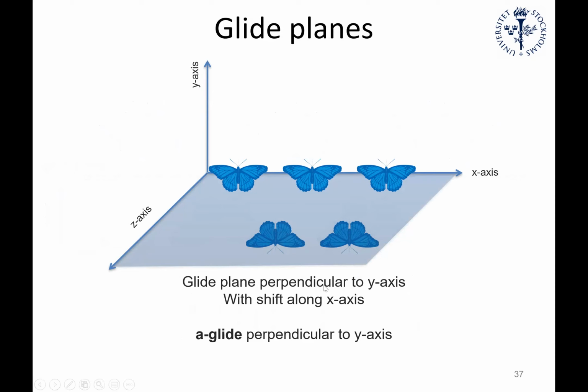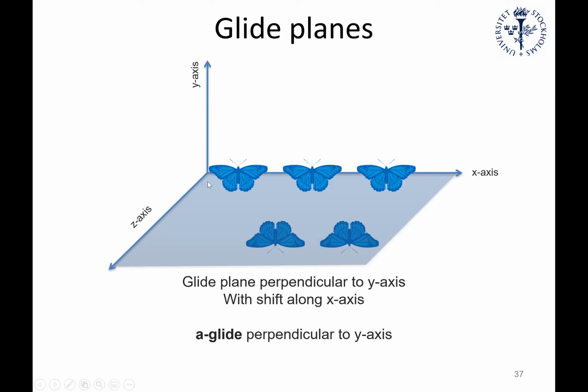Let's start off with our A glide. This is a type of glide plane. This is what I've drawn here. This is an A glide, which is perpendicular to the y-axis. Like mirror planes, with glide planes we always have to describe which direction that plane is perpendicular to.